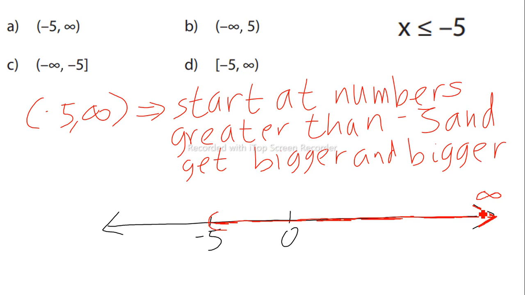Okay. So let's look at the numbers in here. 0 is here. 0 is bigger than -5. Positive 5 is here. That's bigger than -5. 7 is here. That's bigger than -5. 8 is here. That's bigger than -5. So take any number in here, call it x.